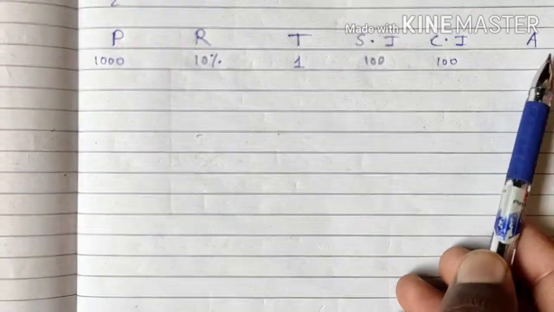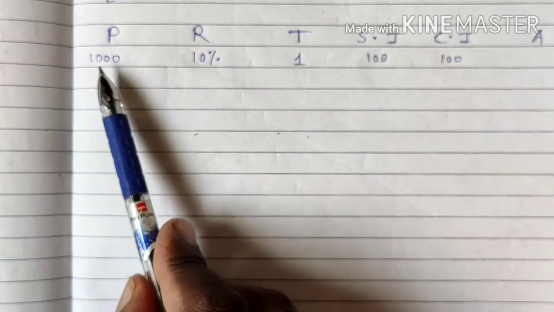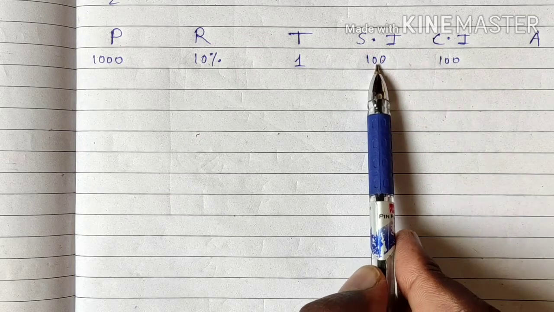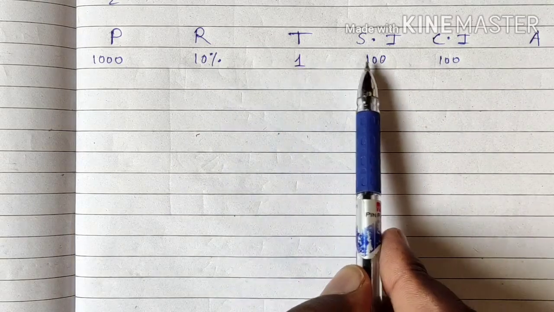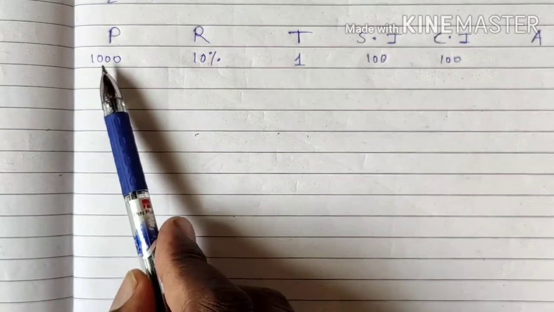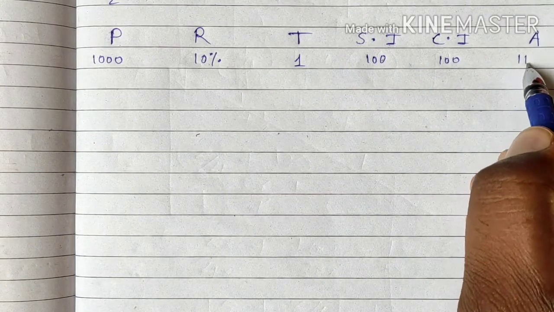Now if we want to calculate the amount, then 100 plus, we can take either the compound interest or the simple interest. For the first year, simple interest and compound interest are equal. So 1000 plus 100 will become 1100.